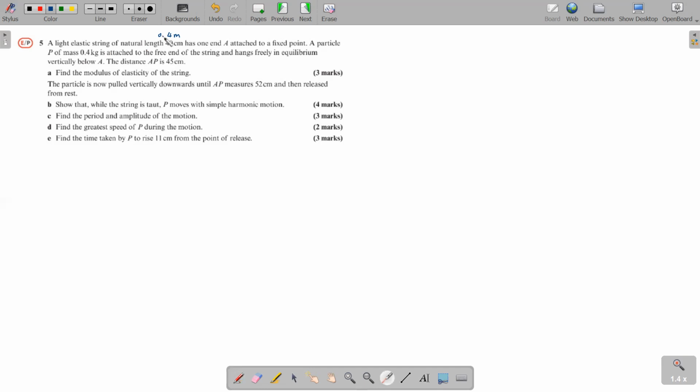So can you see natural length is 40 centimeter, and now the string is 45 centimeters. Why is that? Because the particle is hanging. So because of the particle, the string has stretched 5 centimeters. Can you see that? So let's draw this. When I draw my diagram, the natural length, I will draw this in one go.